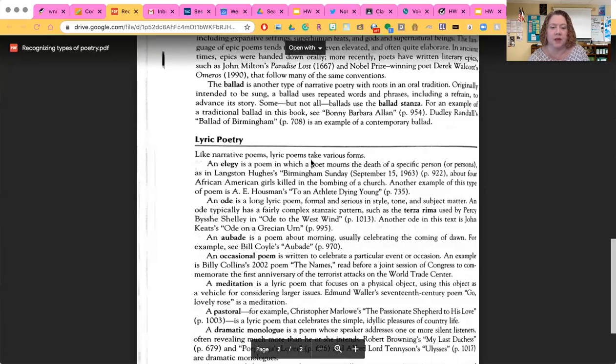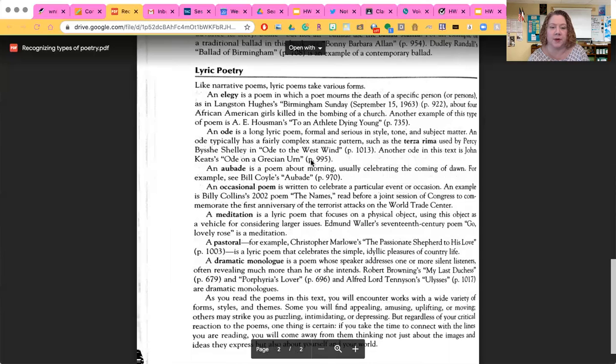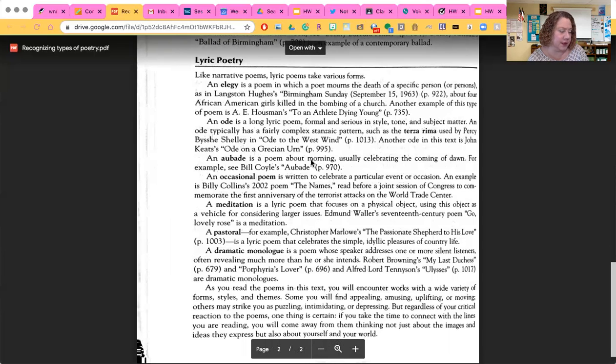Lyric poetry has a number of different forms that are listed here. You do need to know them, just basically. We're not going to read an example of each one of these, but second semester, we will be looking at most of them. There are certain time periods when these things were more pronounced, like elegies, odes, and pastorals, which have specific time periods where we see them popping up in literary history.